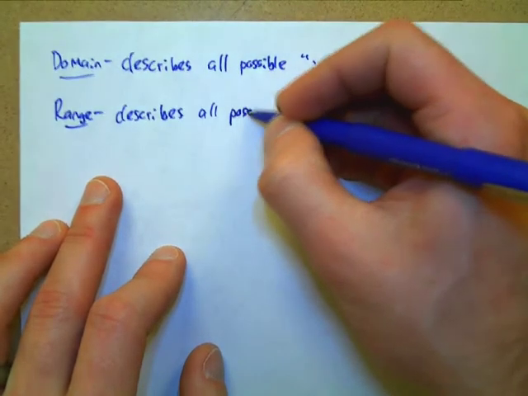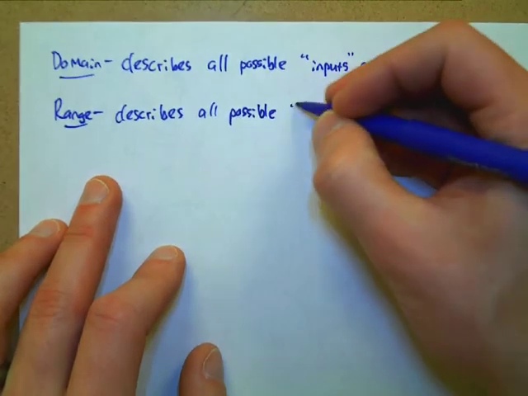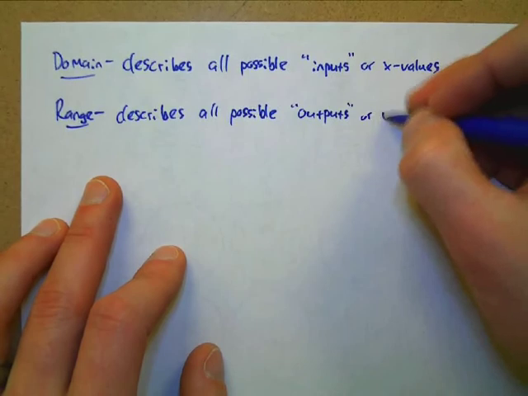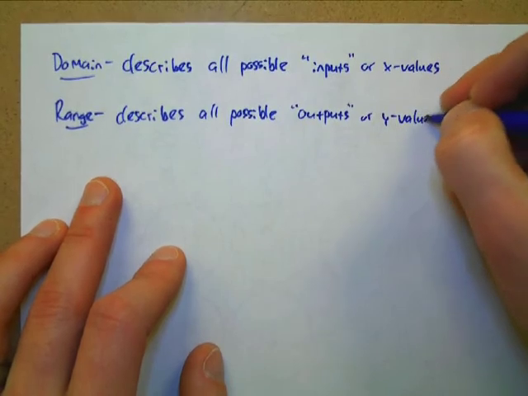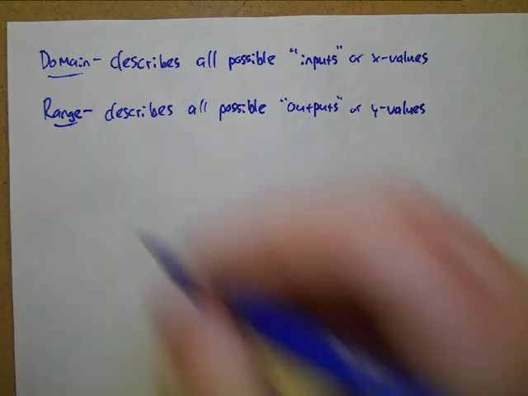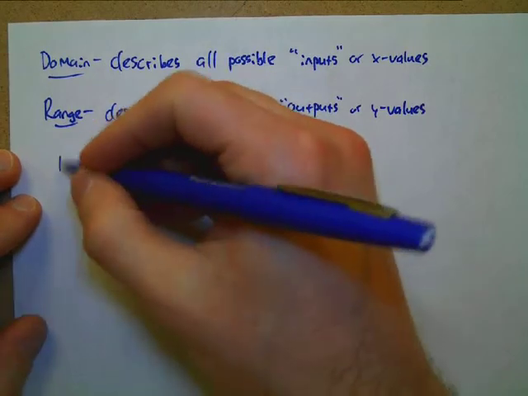It describes all possible inputs, the numbers you can put in, or the x values. And then the range describes all of the what? The y values. Yeah, all the possible y values. Very good. I'll say all possible outputs for y values.